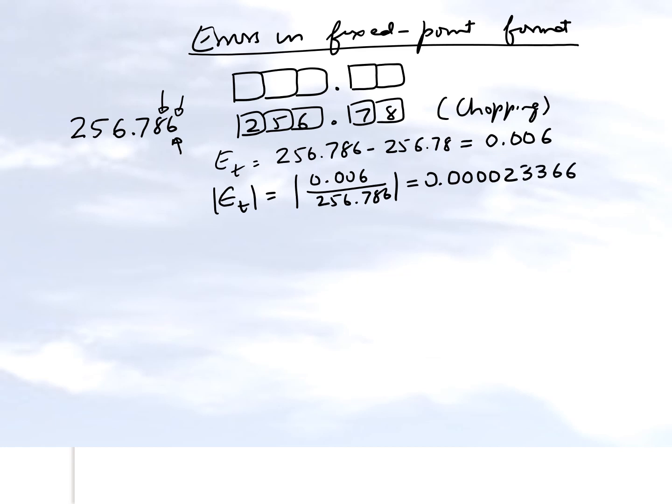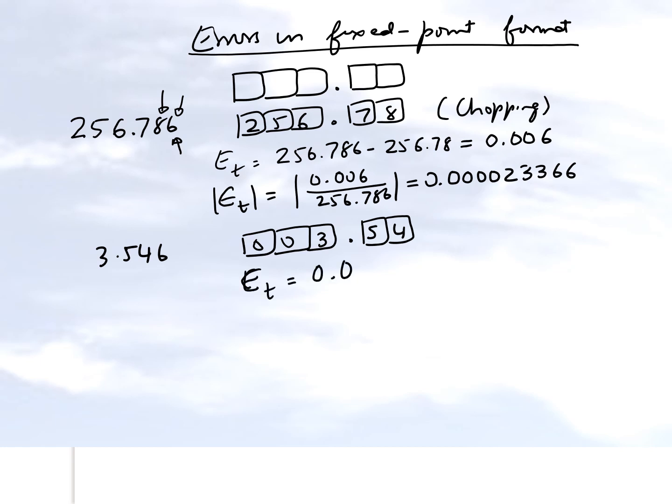If you repeat the same process for a number like 3.2 0.546, what you're going to find out is that it is going to get represented as 00354, and if you calculate your true error, it will turn out to be 0.006.